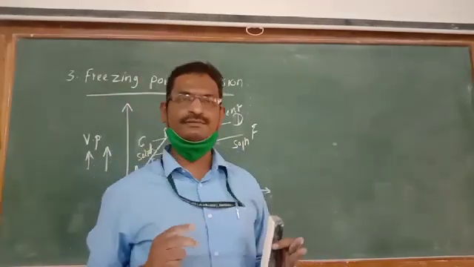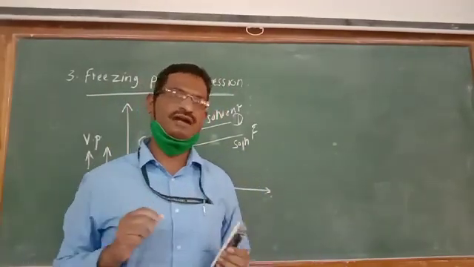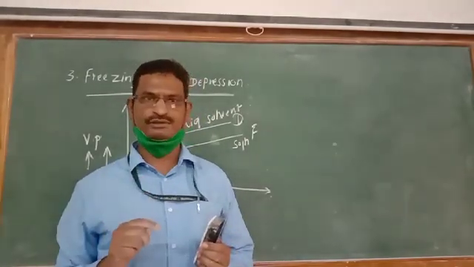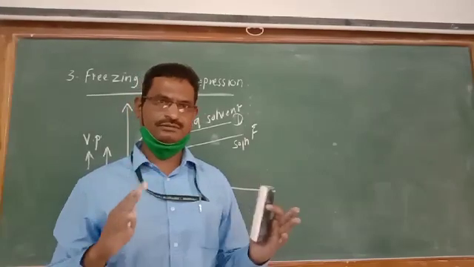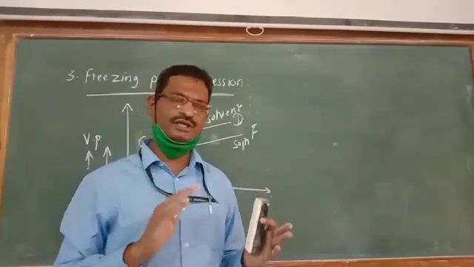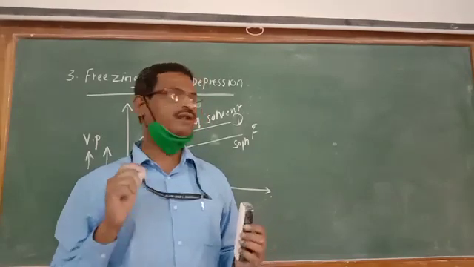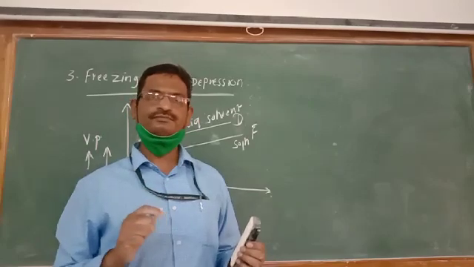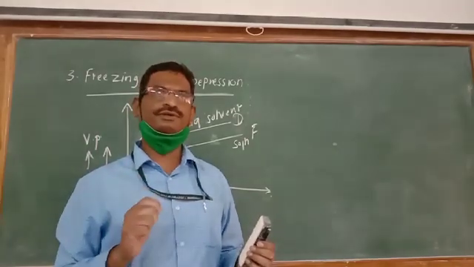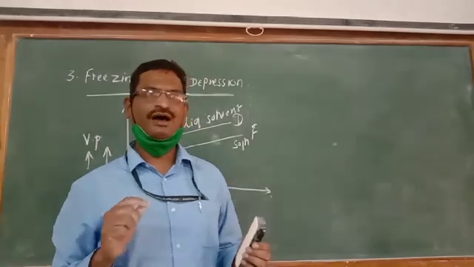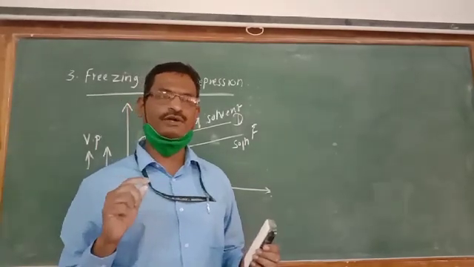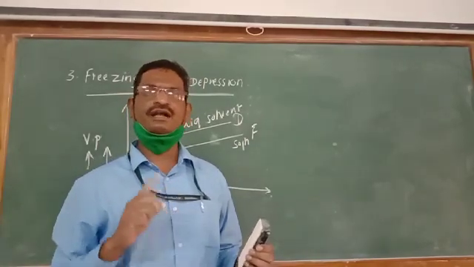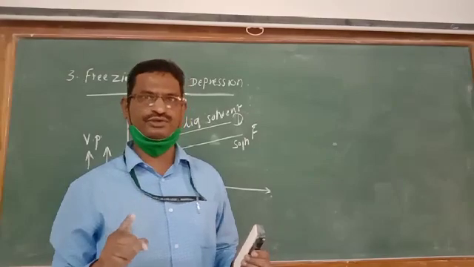Because in a pure solvent, all the molecules at the surface of solvent are molecules of only pure solvent and they are volatile. But if we add certain solute to the solvent, at that time we are considering the non-volatile, non-electrolyte solute. Therefore, some of the molecules of solvent from the surface are replaced by the non-volatile, non-electrolyte solute. Therefore, the number of molecules at the surface undergoing evaporation decreases in solution.